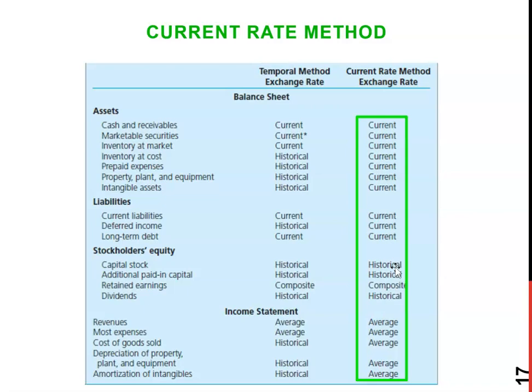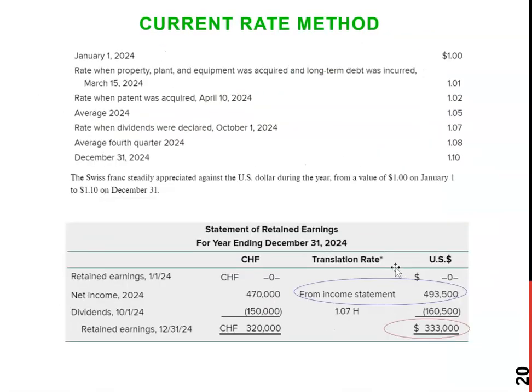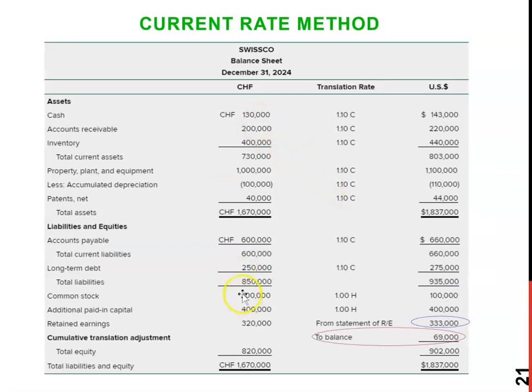It's simple algebra, right? The balance sheet is balanced, but we are multiplying the asset side by $1.10. For the equity side, we have the historical rate. The first day when we started our business and issued our stocks, the exchange rate was different. For liabilities and long-term debts, we still use the current rate, but common stock and additional paid in capital use the historical rate.